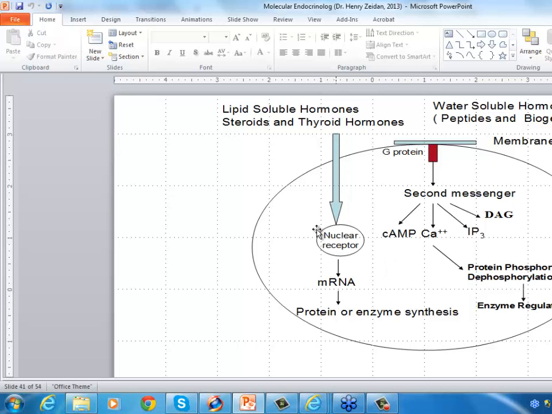Lipid-soluble hormones have a long half-life. Water-soluble hormones have a short half-life. Lipid-soluble hormones circulate in bound and free form. Water-soluble hormones circulate in a free form, but they form vesicles.